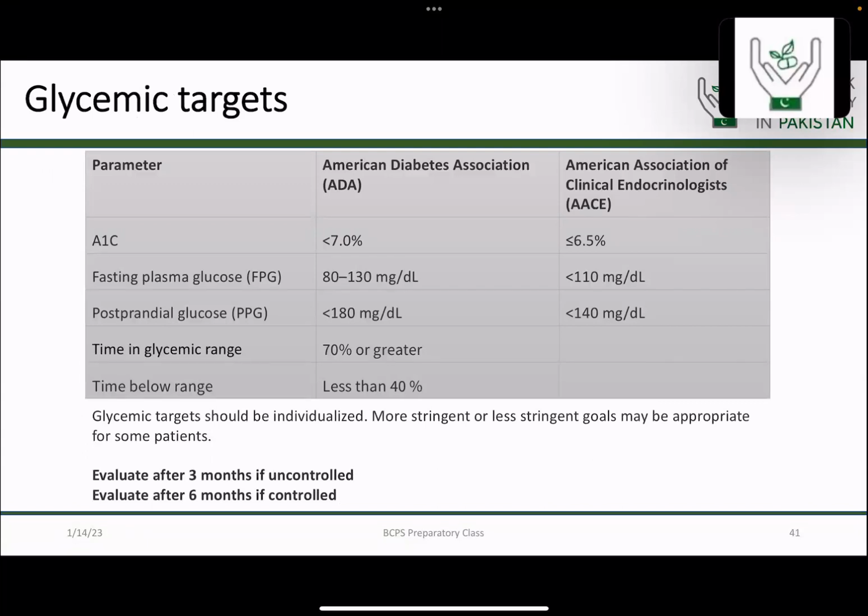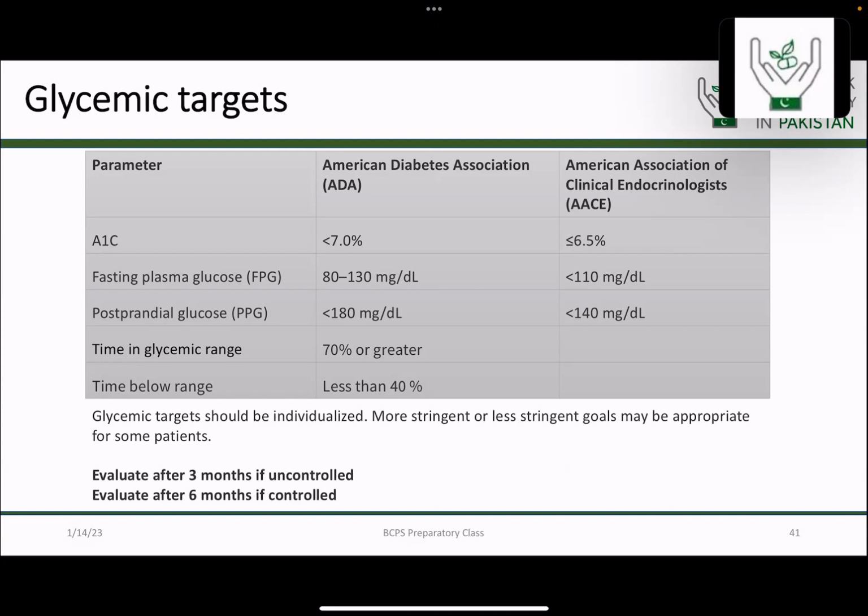So these are the glycemic targets which you should aim for in a patient with diabetes. The American Diabetes Association recommends that A1C levels should come under 7%. Fasting plasma glucose should be around 80 to 130 mg per deciliter in diabetes patients. Postprandial glucose should be less than 180 mg per deciliter.